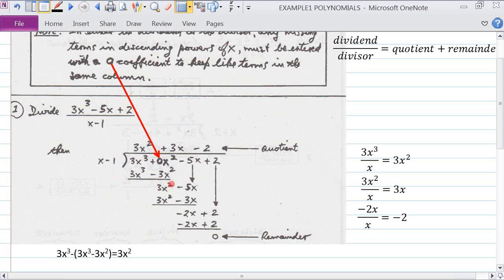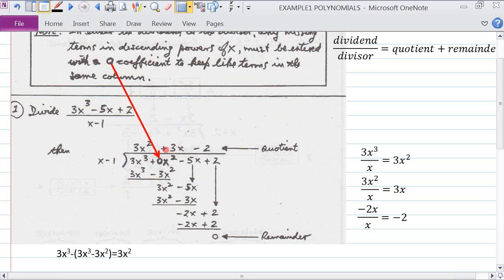So this first term divided by x, 3x squared divided by x gives me 3x. So I put that in the quotient, and it's plus 3x because this is plus right here. So I take 3x squared, divide it by the x, and I get plus 3x over here.